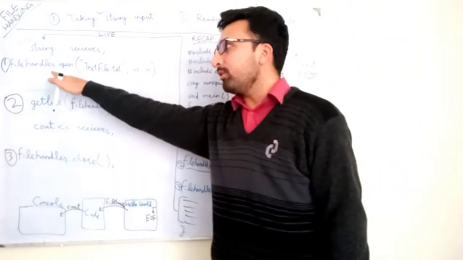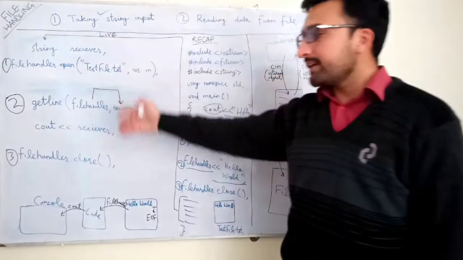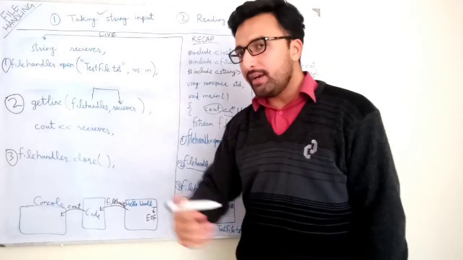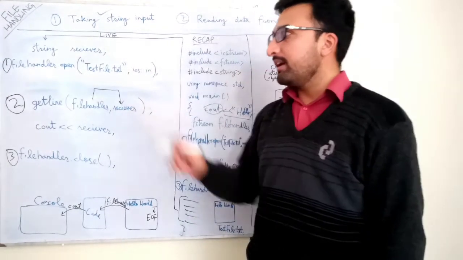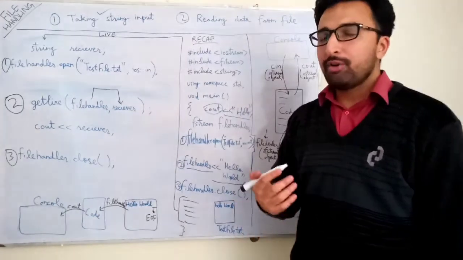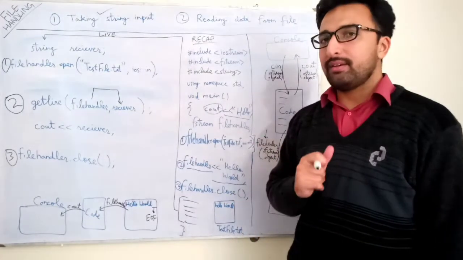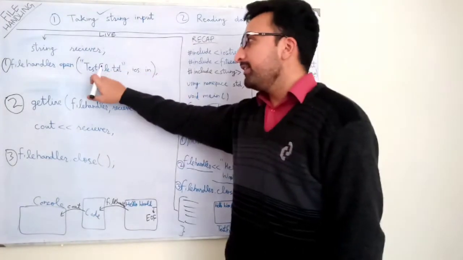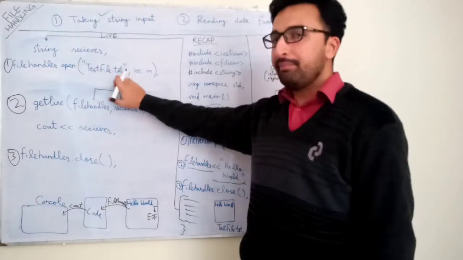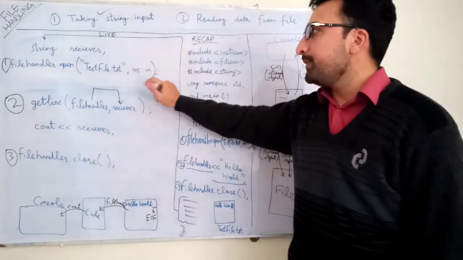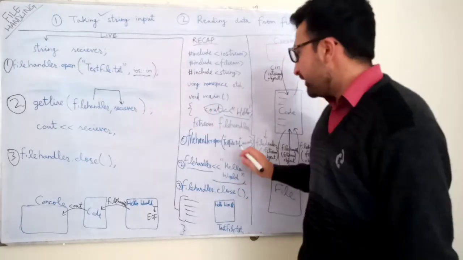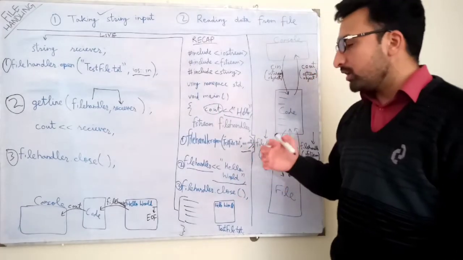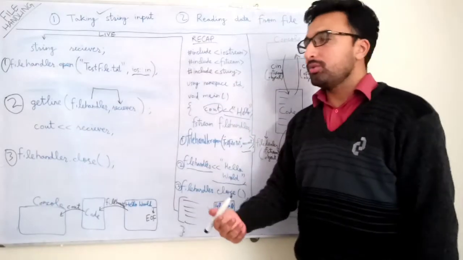Similarly, here we are opening the file. Now here the condition is that the file should already be present, because we are reading something from the file. So that file needs to be present in the project folder with the name testfile and the type txt. And here we are opening it in input mode. Earlier we used to open it in output mode because we were outputting some data onto the file.